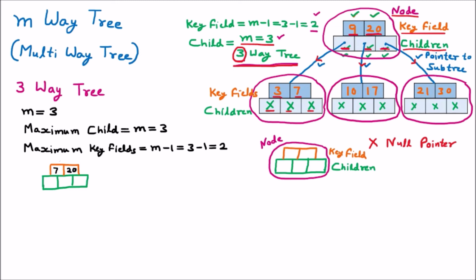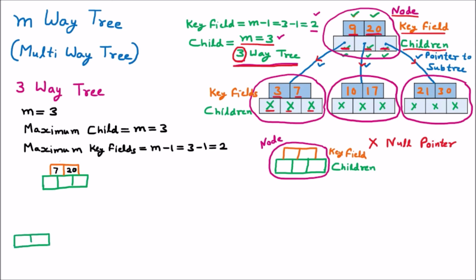Now if I have to put a left child here, I am assuming that there is only a single key field. Then how can we construct? Single key field means it will be having 2 children. So here on the left-hand side I am constructing a node which is having the 2 further children. So first of all 2 children I am creating.